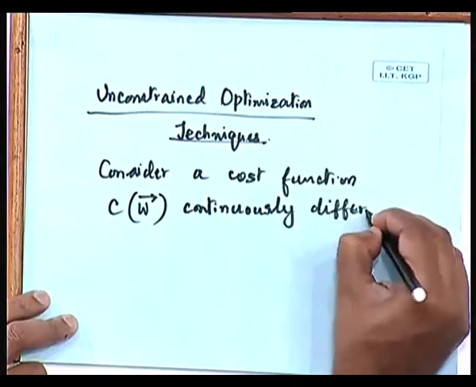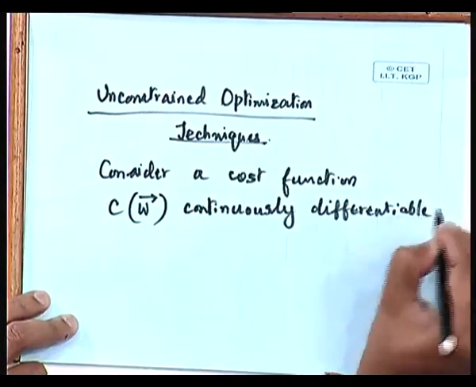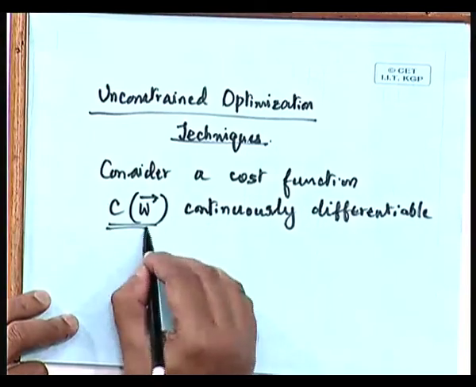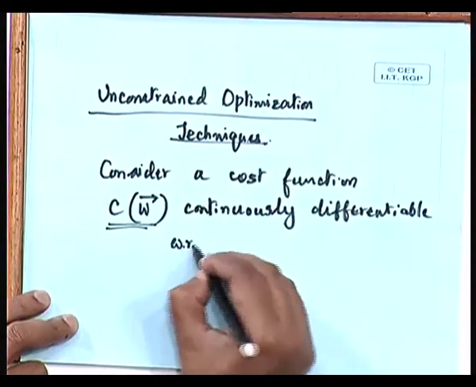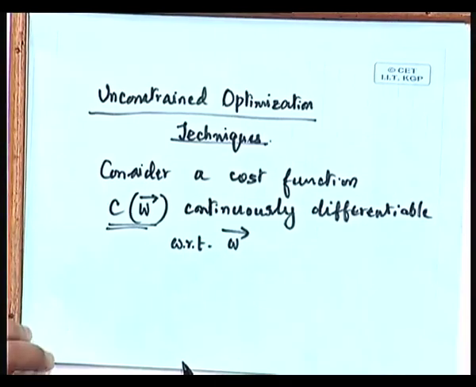This is very important, that the cost function that we consider, C of W, is continuously differentiable with respect to the W vector. In fact, if it is not continuously differentiable, then we have a problem in adopting any steepest descent approach or any other optimization approach. So, that is the basic assumption, that whatever cost function we consider is indeed continuously differentiable.